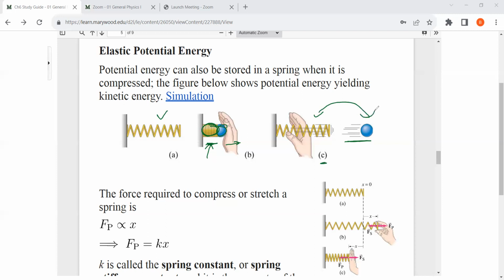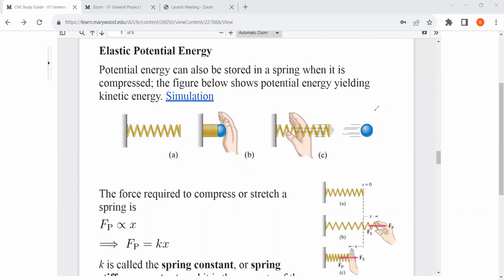An elastic material can have elastic potential energy. A spring is a popular example for understanding it. When you compress or stretch a spring, that spring stores some potential energy.